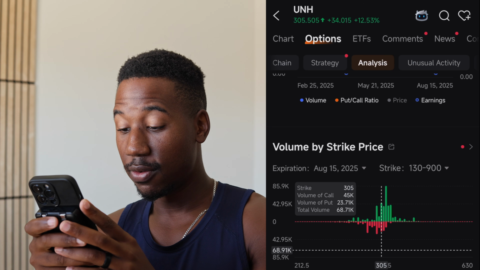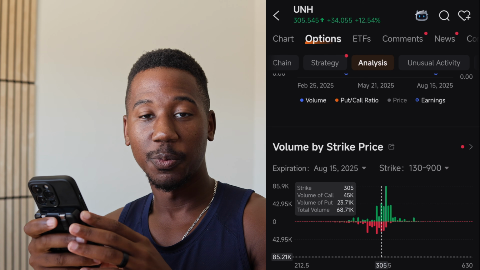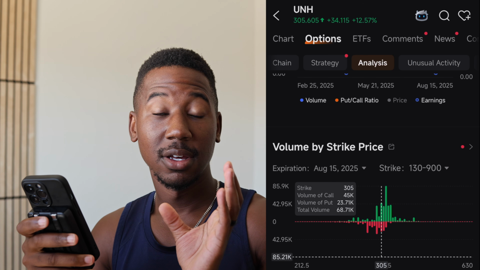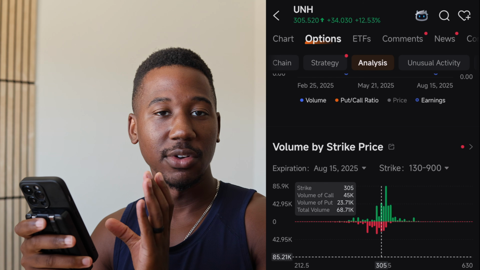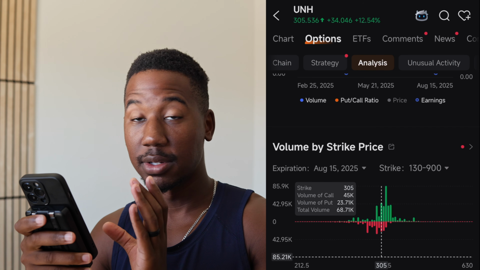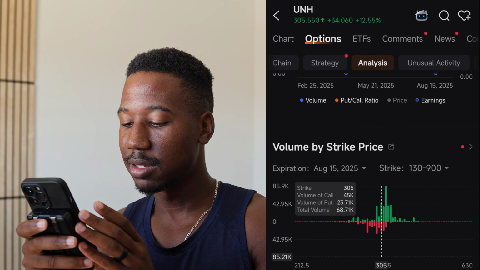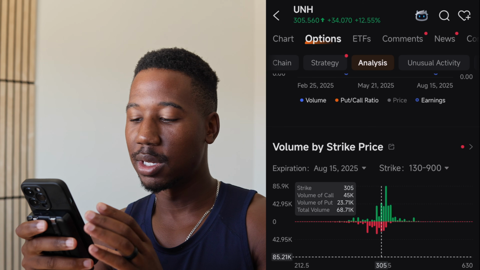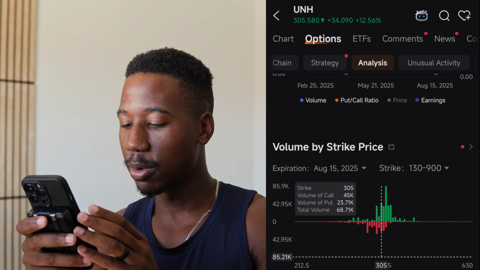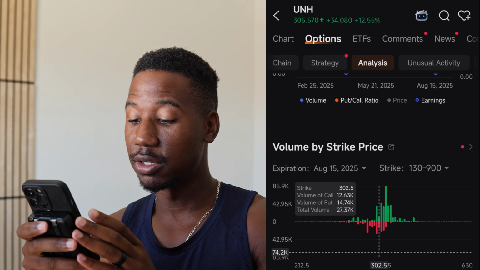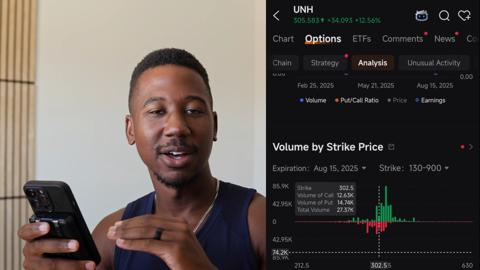The 305, 45,000. So what I can see here is at these levels, everything above 305, there is a considerable amount more calls than puts. And then once you get below that to that 300 strike price or that 302.50 strike price, things kind of even out.